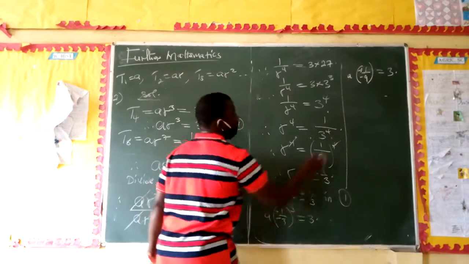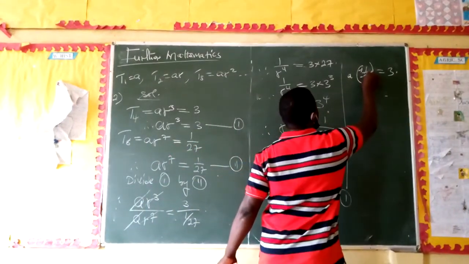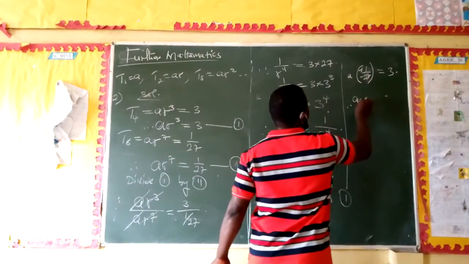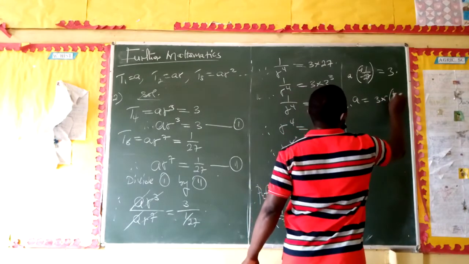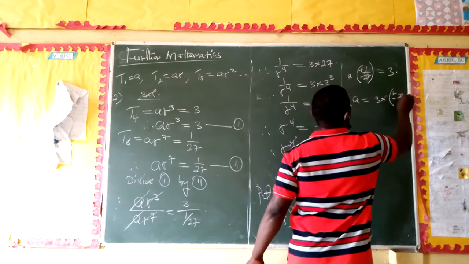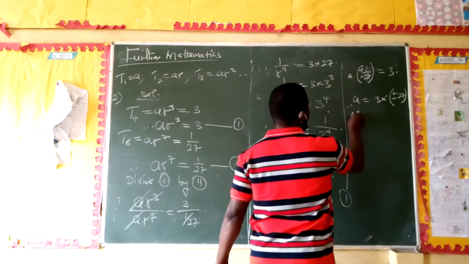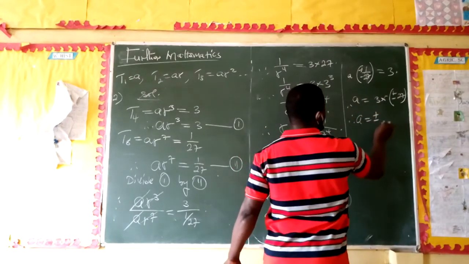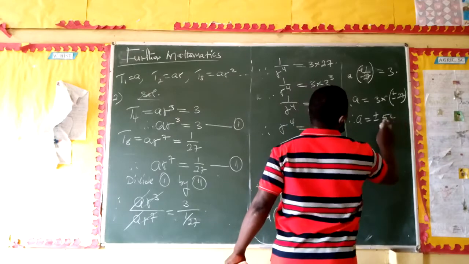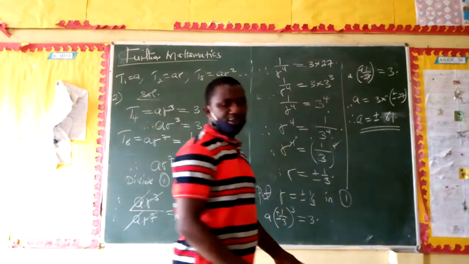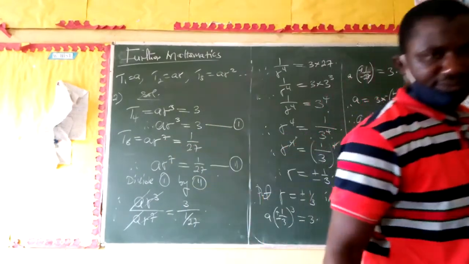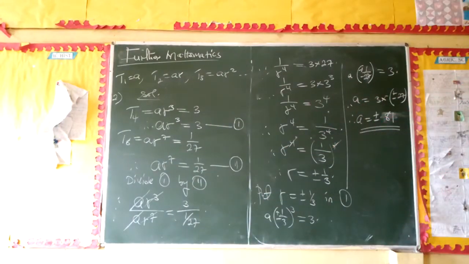Sorry, this is 27. And so we have A is equal to 3 times plus or minus 27. See that? And so A is equal to plus or minus 81. So these are the possible values of A and R. Thank you.